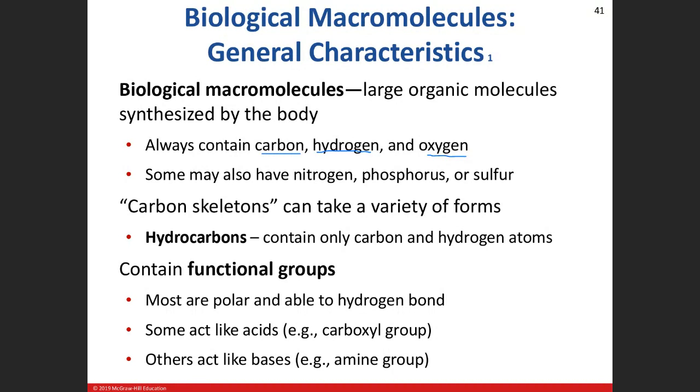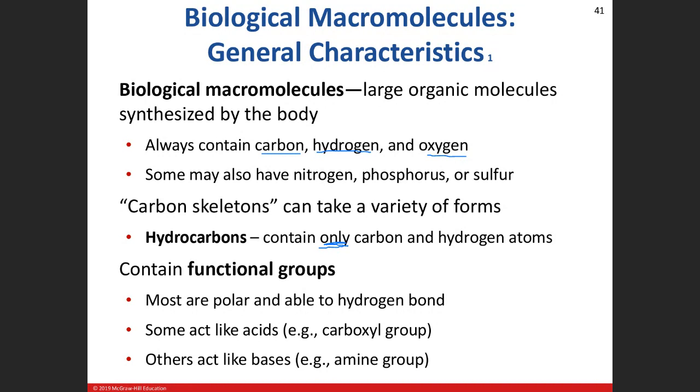So these carbon skeletons that we have, you're going to hear the term hydrocarbon, and if you dissect the word, hydrogen and carbon, these hydrocarbons will only have carbon and hydrogen. You have to become familiar with this other term, what we call functional groups. These functional groups are groups that are attached onto these molecules.